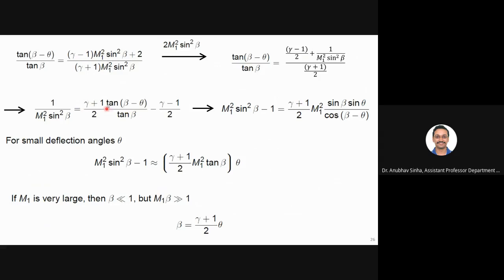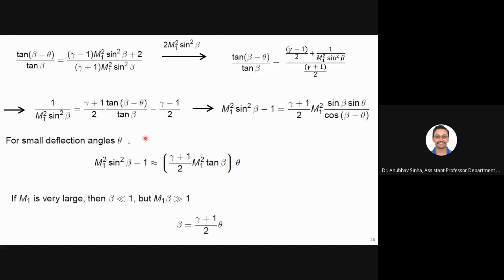This will anyway remain the same. Tan term will become sine beta, sine gamma, and this, multiplied by m1 square. That is what is getting shifted there. Basically, these terms we have done some rearrangement.